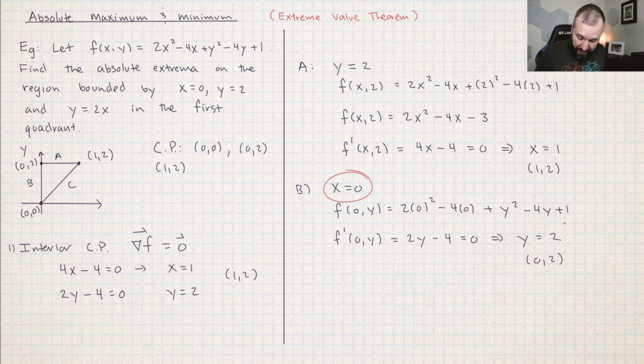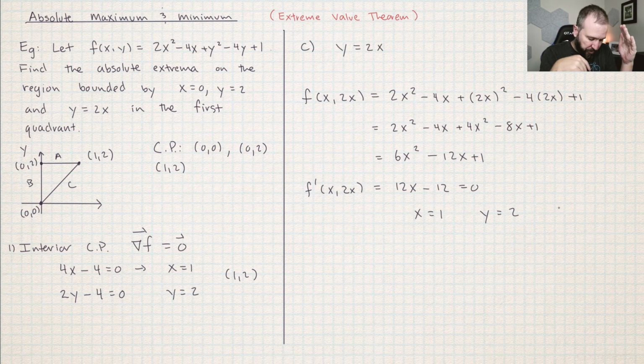So then if x is 0 and y is equal to 2, I produce that critical point right there, 0, 2, which was already part of our list. And that's okay. It doesn't have to happen this way. It is happening this way. And they do a lot of times in these academic examples, but it really is just a coincidence. It doesn't have to happen like this.